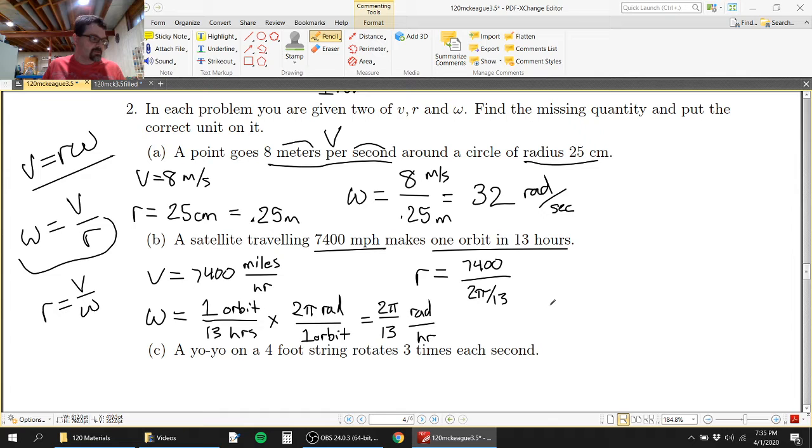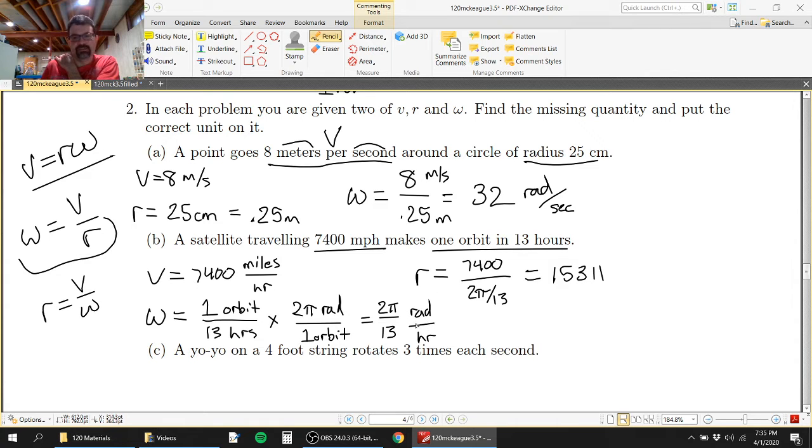All right, so you'd have to punch that out, get out your calculator. If you do it to the nearest whole number, I got this. And so then what's the unit? All right, well, miles per hour, radians per hour, the hours cancel out. We have miles and we have radians.